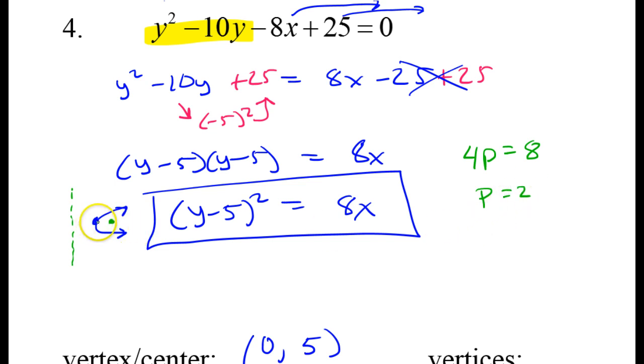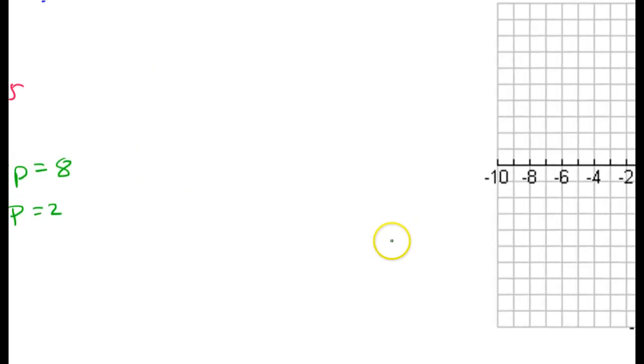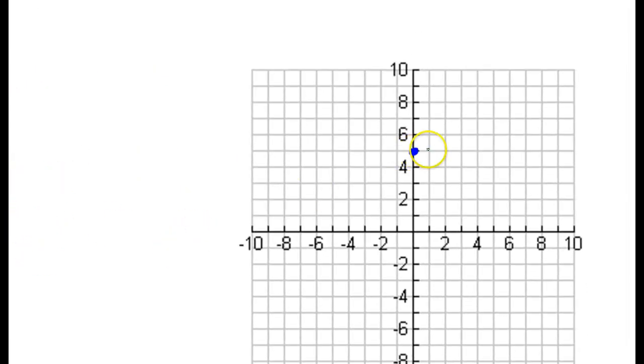Now I know that the focus is to the right of the vertex, exactly 2 units to the right. So if I start at the vertex and I go 2 units to the right, this is the focus. If I go 2 units to the left, that will be the directrix. So here's that vertical line I was talking about. Go ahead and draw it as a dotted line.